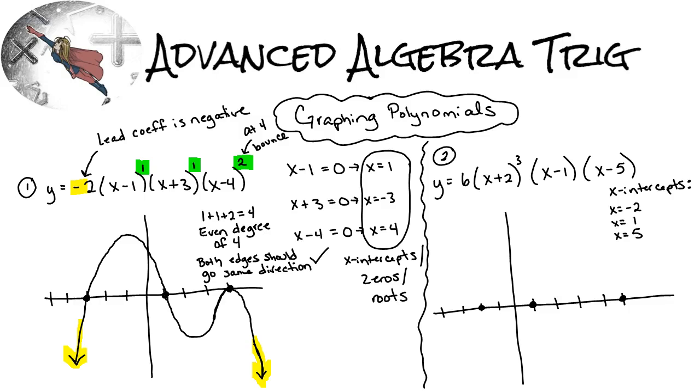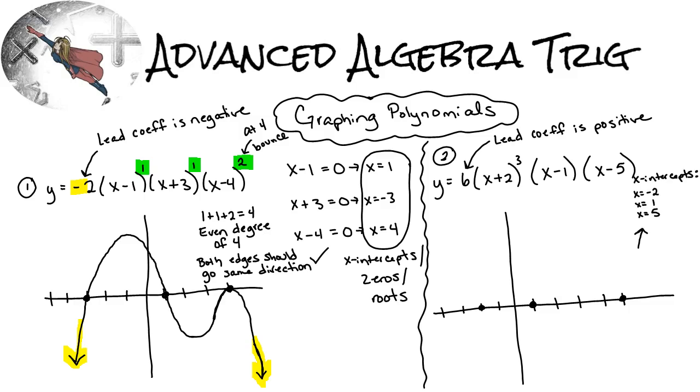All right, so I've got that. Now I'm going to notice my leading coefficient. It's a 6. The leading coefficient is positive. So what that tells me is that the very ending part of my graph will end up. So it's going to go up like that.